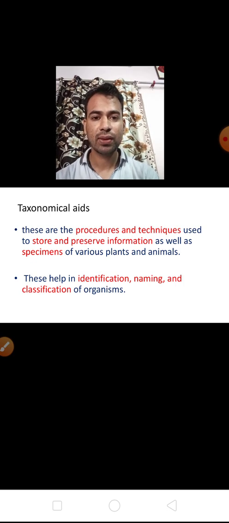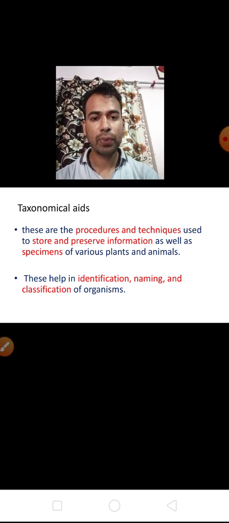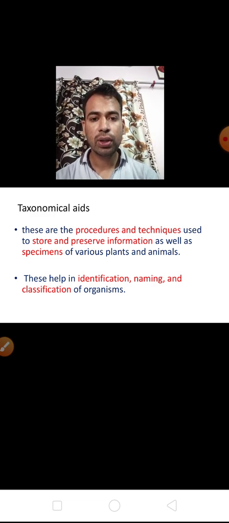Do you know what this is? Basically, these are procedures and techniques. Procedures and techniques mean how we can store or preserve information as well as specimens of plants and animals.